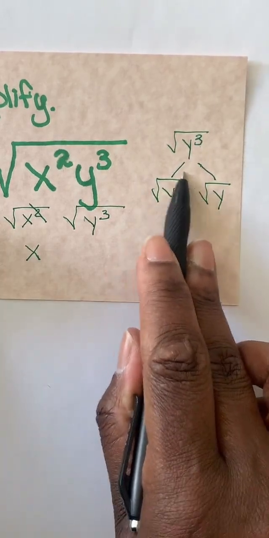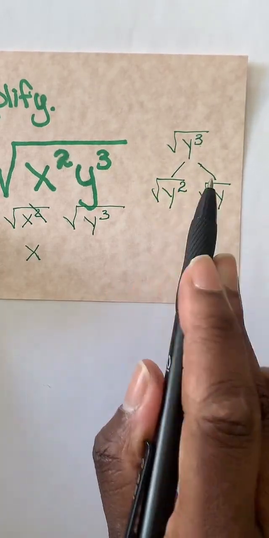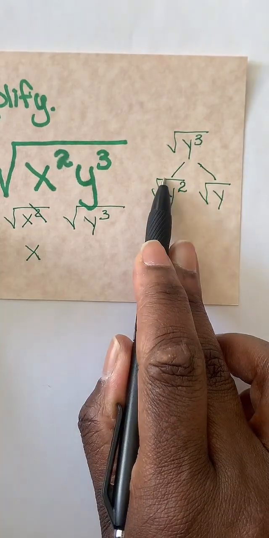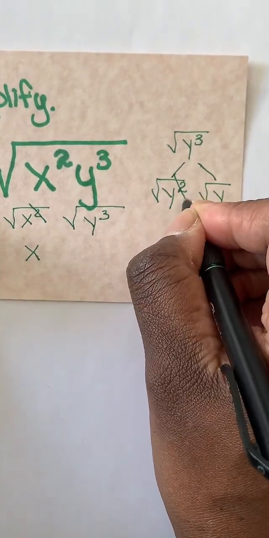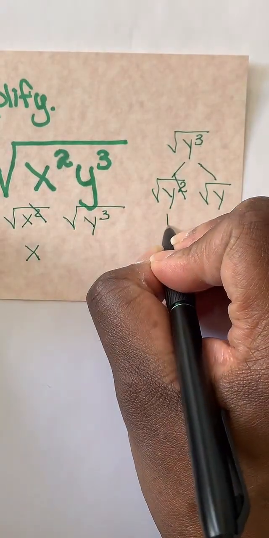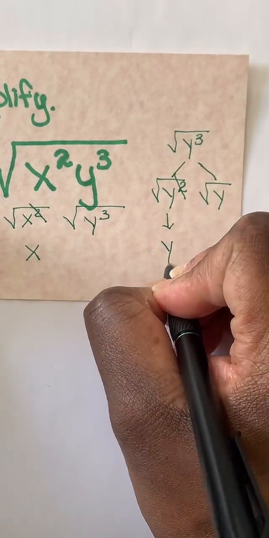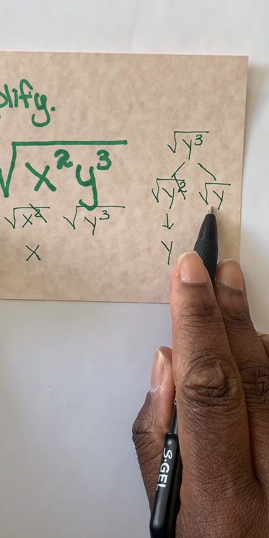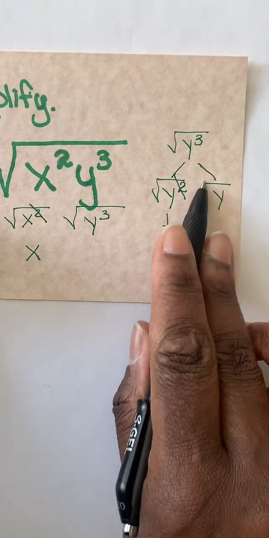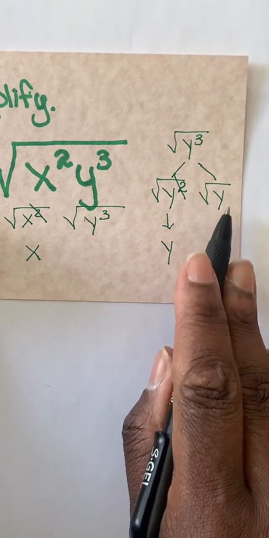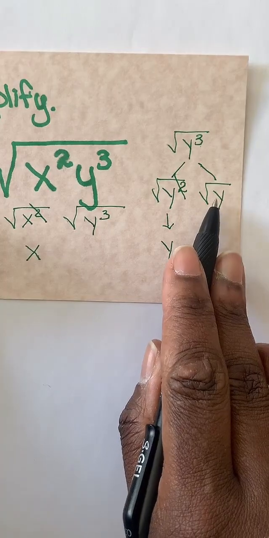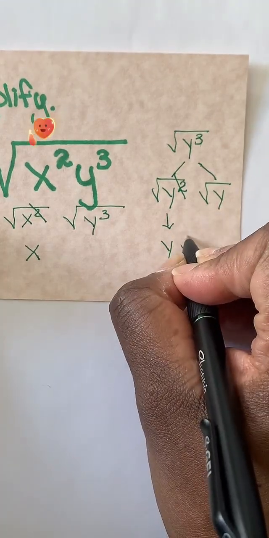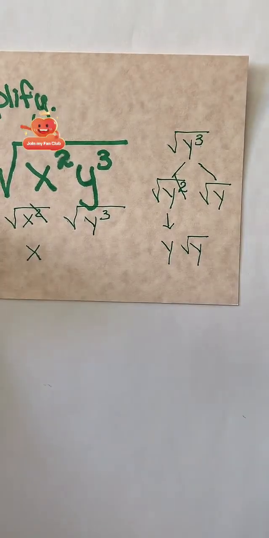Now, you have an even amount. So squares and square roots, they cancel each other. So what's left from here is a y. Now this square root of y, that's prime because it's to the first power. It can't be broken down any further. So if you can't break it down, you just simply bring it down.